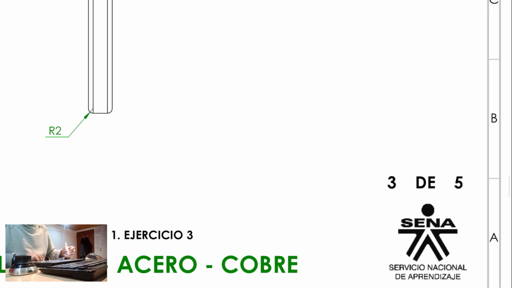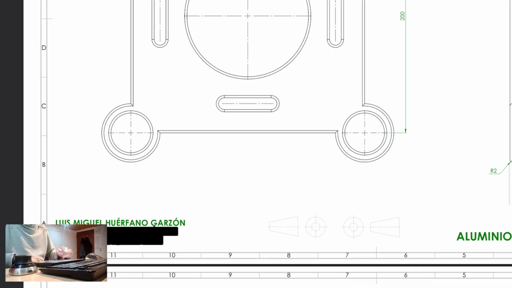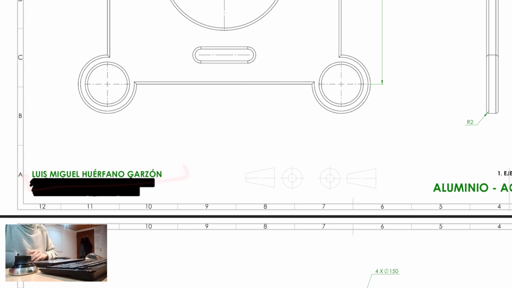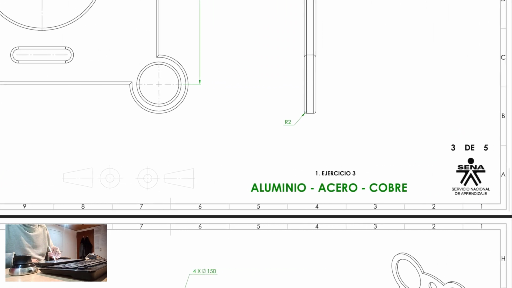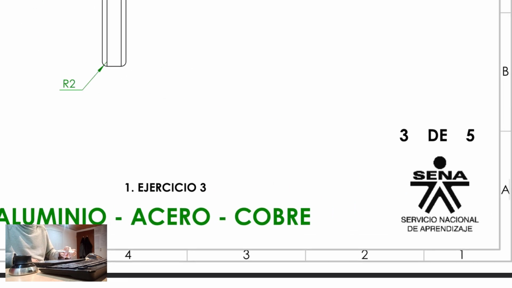This is the name of the institution that this person made the engineering drawing for. This is Spanish for aluminum, steel, copper, exercise 3. As you can see, this has been created for educational purposes.